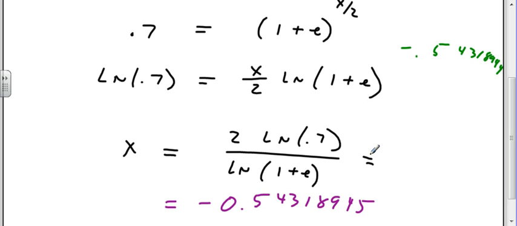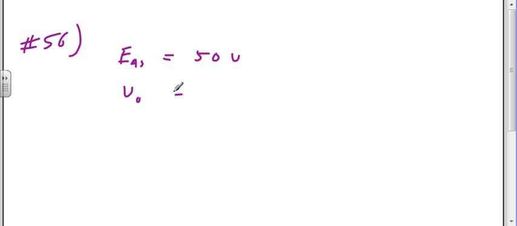All right. Well, we have to do an electronics problem. So 56. E_ss, I wonder what that stands for. 50 volts. Voltage naught, 30 volts. My time constant. Time constant's a tau, you stupid author.